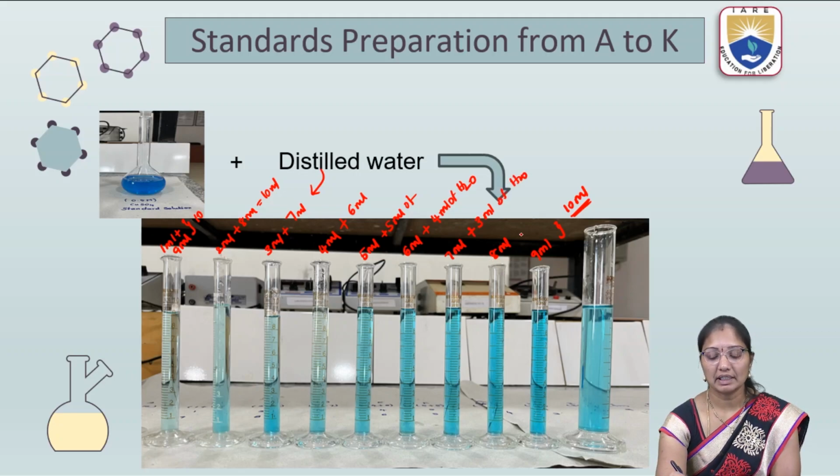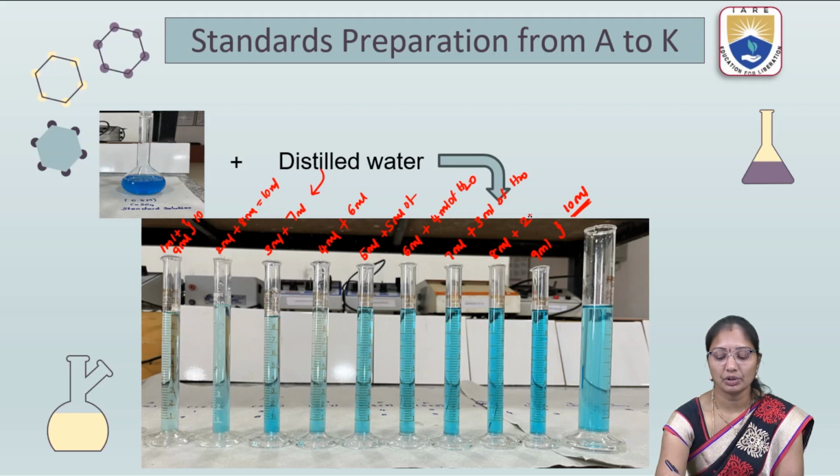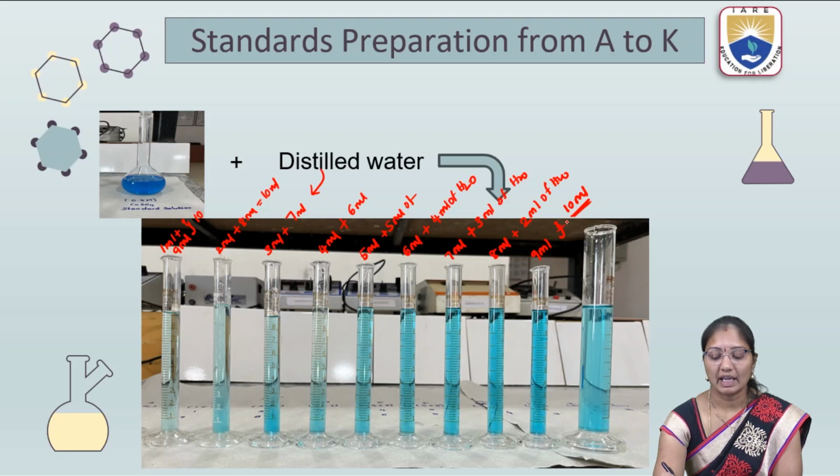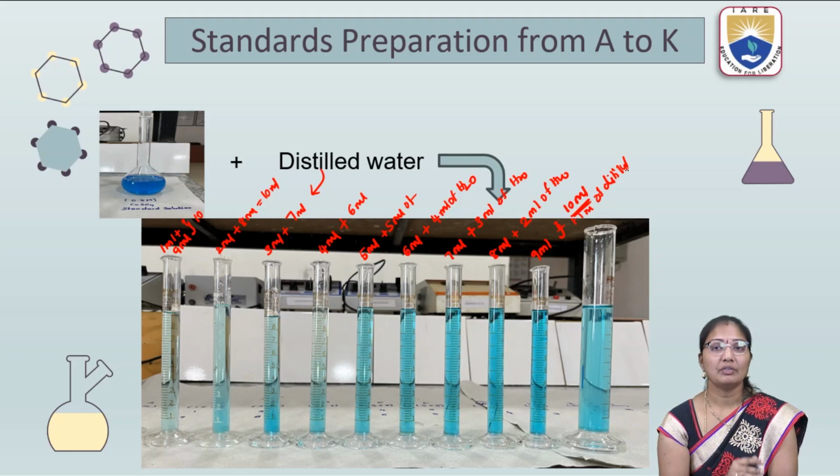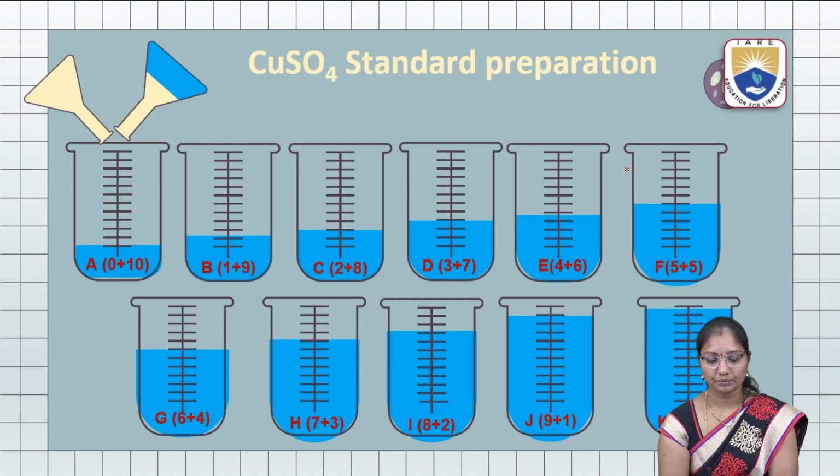If it is 8 ml, we add 2 ml of distilled water. If it is 9 ml, we add 1 ml of distilled water. In this way, from A to K, we prepare 11 test tubes.